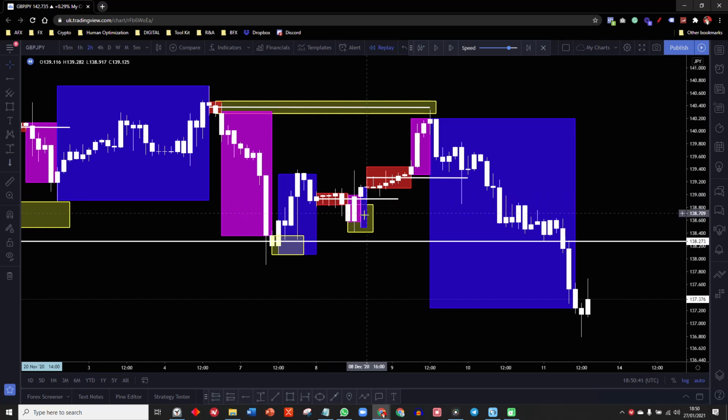Then the market tapped in, produced a bullish pin bar, but this move up, this long candlestick here, is actually the trending phase. Then we immediately go into the contraction phase. We get a nice little tap on the contraction phase, and then we expand into an H2 area of supply.